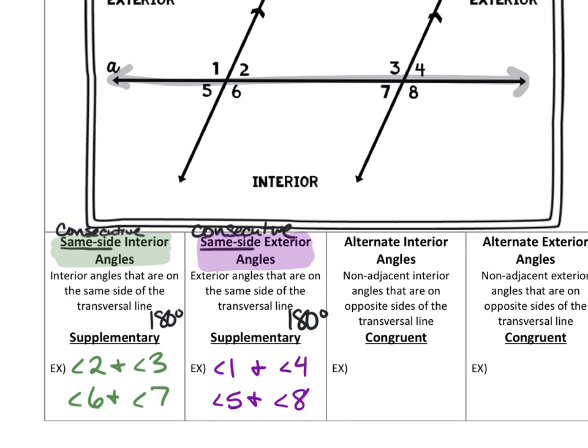For alternate interior angles, I want you to highlight that one in the blue or use a marker for the blue. These are going to be the blue color for our image. Alternate interior. Interior means we're looking on the inside of the parallel lines. Alternate means opposite sides.